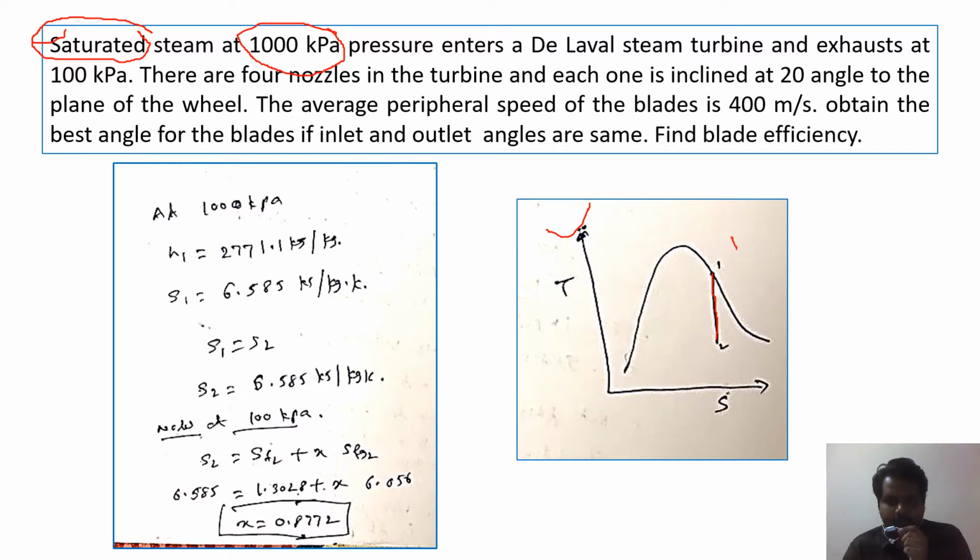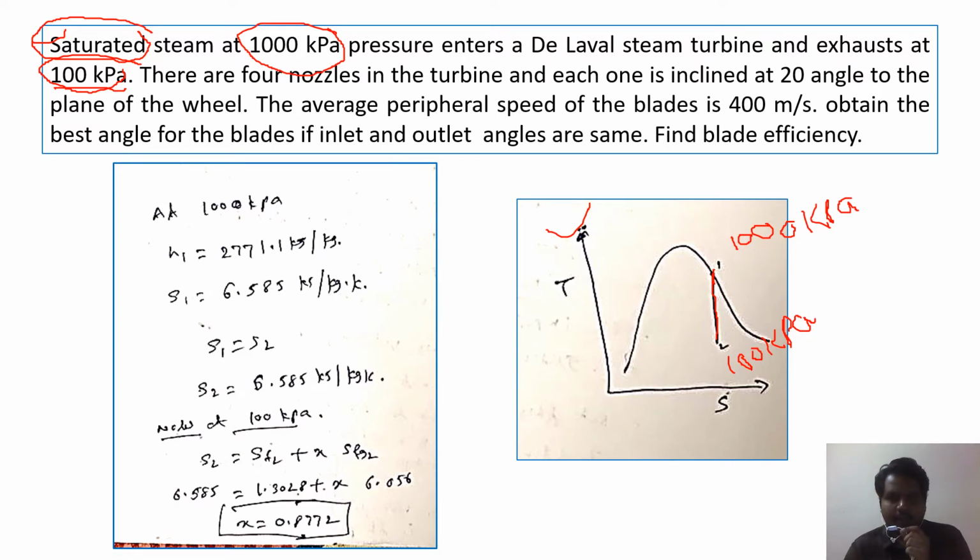At 1 the pressure is 1000 kilopascal, and after passing through the turbine, at the exhaust the pressure is 100 kilopascal. So at point 2 the pressure is 100 kilopascal.